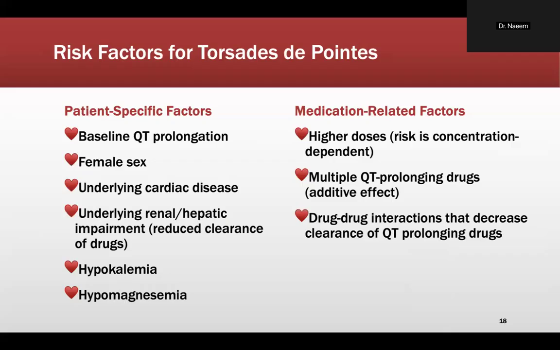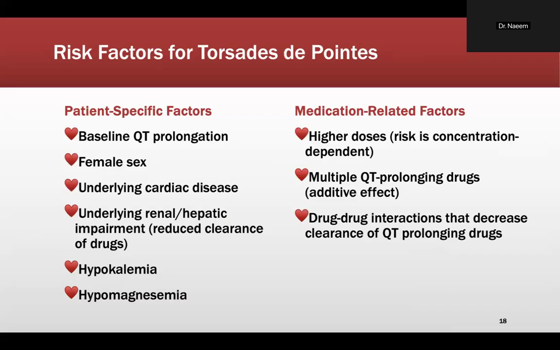So if a patient comes into the hospital with low potassium and low magnesium, our first and foremost priority is to replete them and make sure that their potassium and magnesium are within normal range, just to avoid the risk of them developing an arrhythmia, torsades particularly.